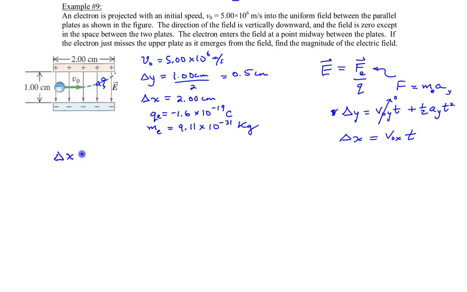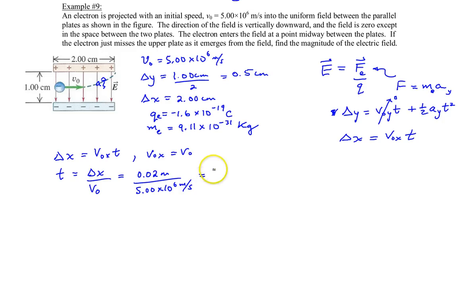Delta x equals v0x times t. t would be equal to the horizontal distance divided by the initial speed, v0, because v0x equals v0. And so our horizontal distance is 2 centimeters, so that's 0.02 meters, divided by 5.00 times 10 to the power 6 meters per second.